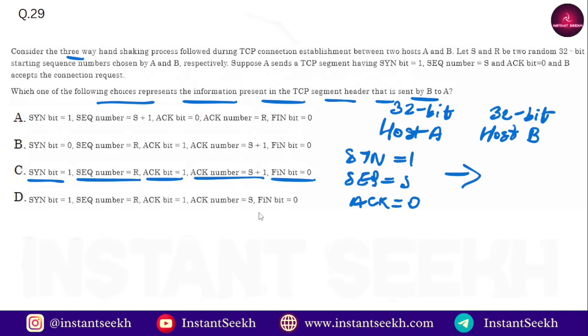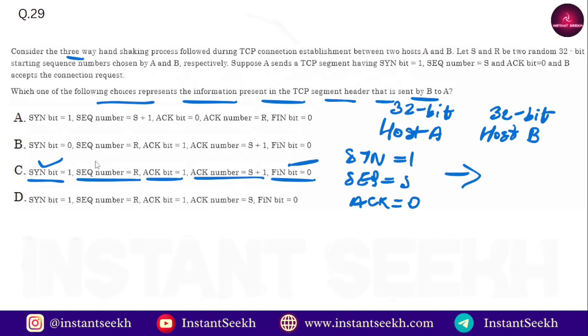First of all, you should know what these bits are. The FIN bit is used for terminating the connection. The SYN bit is used for initiating the request for connection establishment.